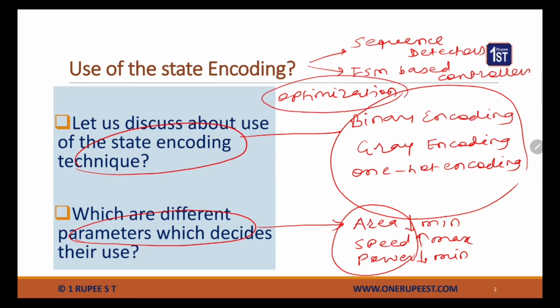But apart from that, for a logic design engineer, it is essential to understand how, depending on the area requirement, speed requirement and power requirement, the desired encoding technique can be chosen and how to achieve these constraints. So let us discuss one by one.